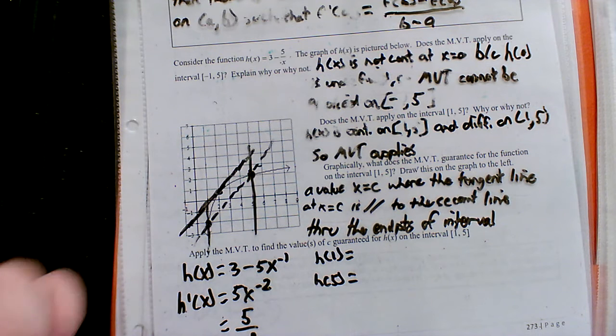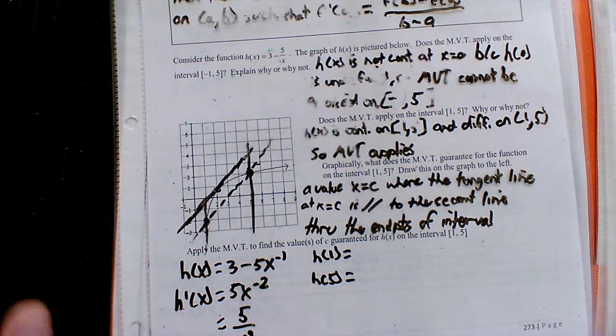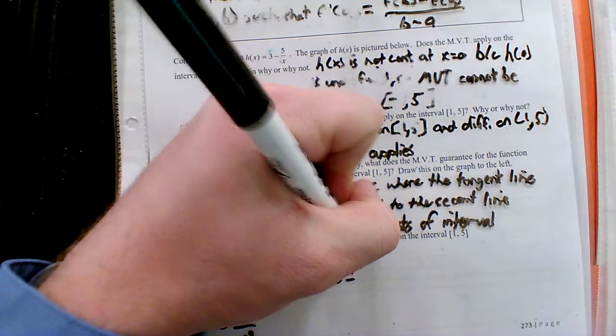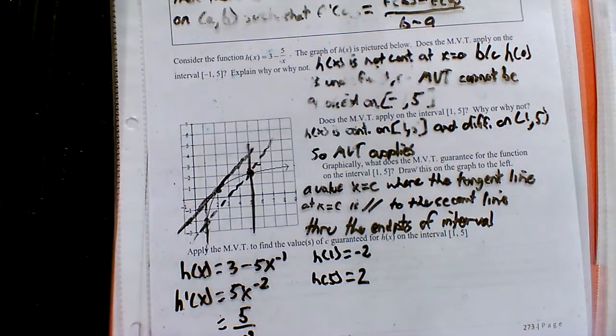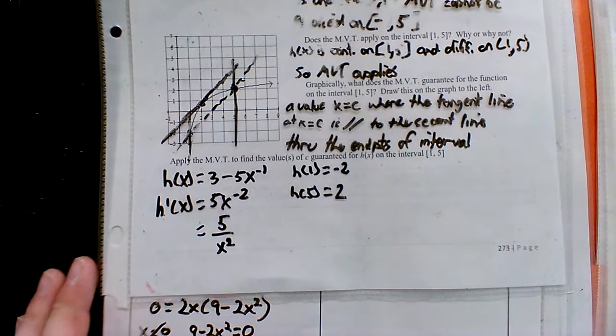It does not matter since you have both. When somebody gets them, let me know what those two values are. Braden? h of 1 is negative 2. Okay. h of 5 is 2. Very good. So we get negative 2 and 2. Those are the values of our endpoints.